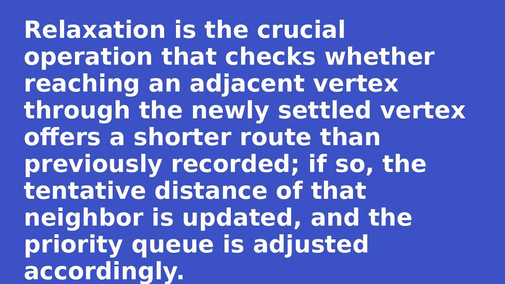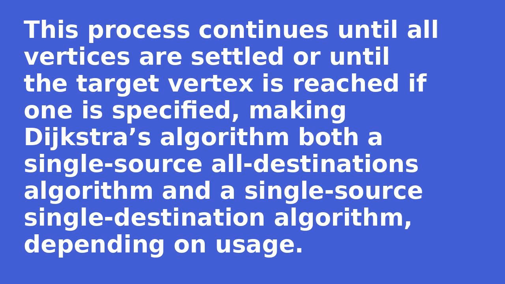If so, the tentative distance of that neighbor is updated, and the priority queue is adjusted accordingly. This process continues until all vertices are settled or until the target vertex is reached if one is specified, making Dijkstra's algorithm both a single-source all-destinations algorithm and a single-source, single-destination algorithm.